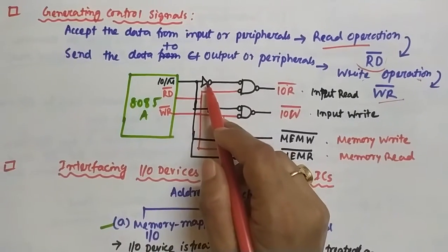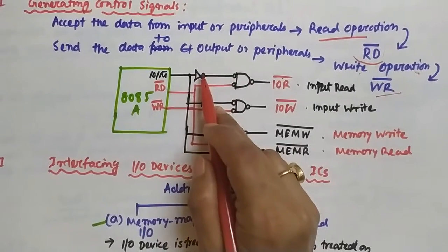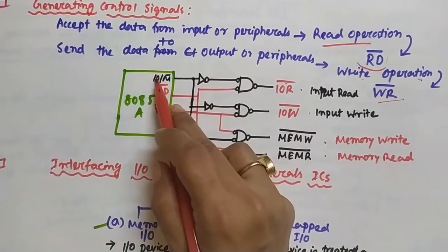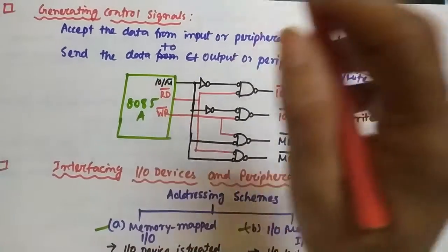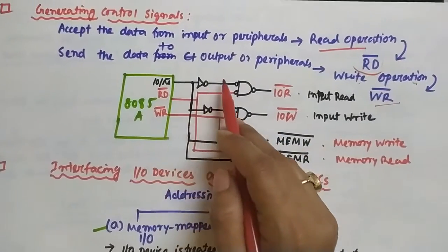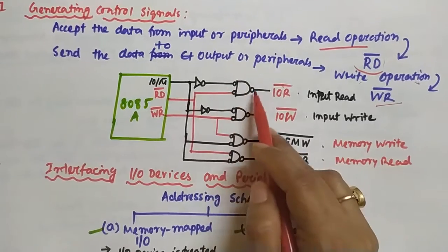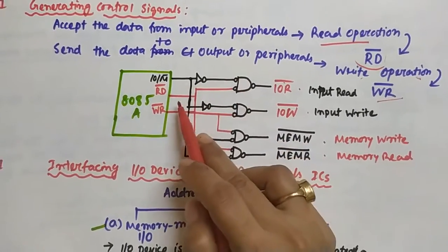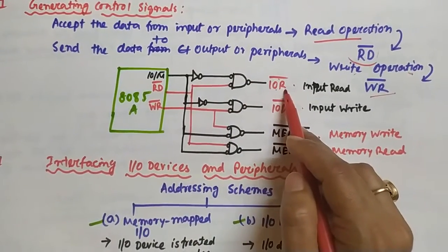So in that case, this signal is passed through a NOT gate, that means we can send the input-output here, because we have to convert this high signal to a low signal. So we pass it through a NOT gate, and here we can get the NAND gate, and in that case we apply this signal and the read bar signal and generate the IOR bar.